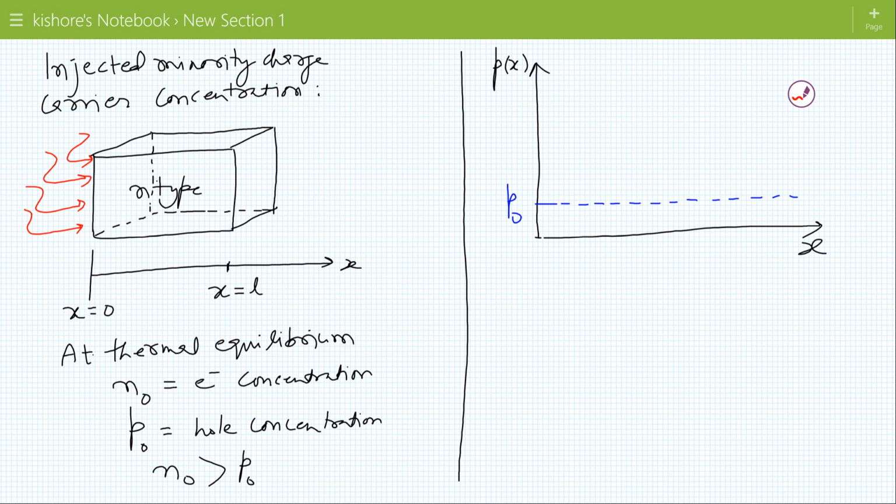If we consider just minority charge carriers, then at left side of semiconductor more number of minority charge carriers will be there, and if we move away from the irradiated side then the concentration of minority charge carriers decreases exponentially. So we can draw this in px versus x plot.